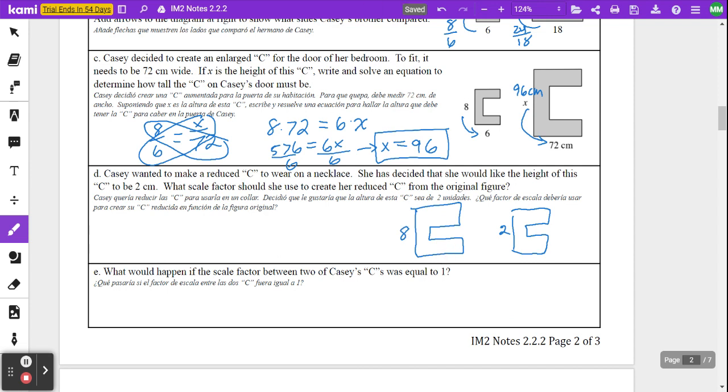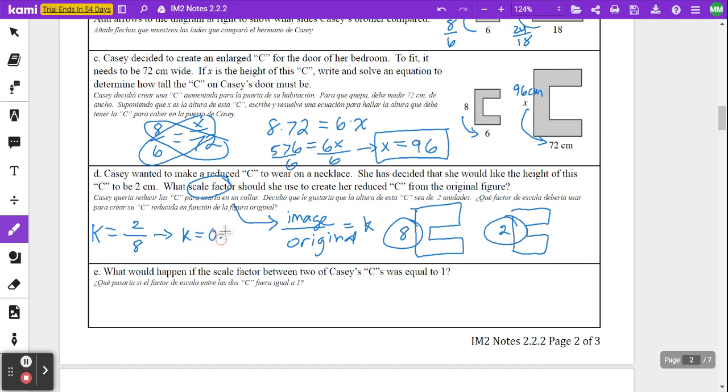Okay, now scale factor, ding, ding, ding, you should have that ringing in your head. This is image over original equals K. For us, we'll have K is the image 2 over the original 8. So her scale factor should be K equals 0.25.